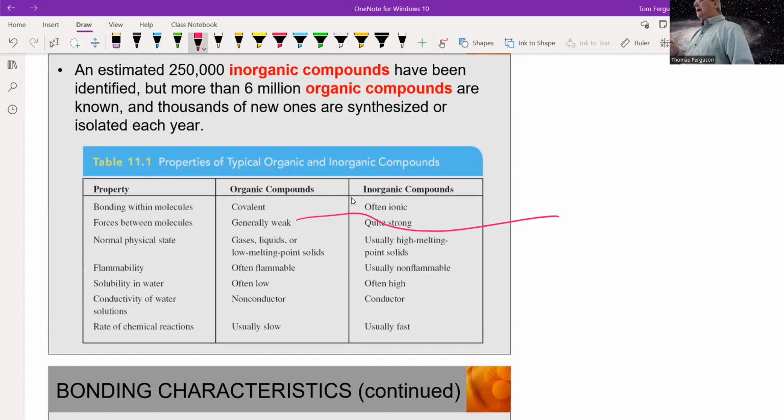For example, organic acids are extremely ionic. That's why they easily dissolve in water. Alcohol, vodka. Vodka is half water, half ethanol, a 2-carbon alcohol. So it varies greatly. I always take exception to 'generally weak'.